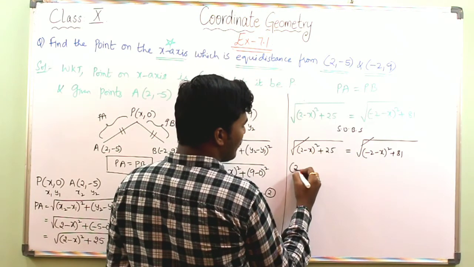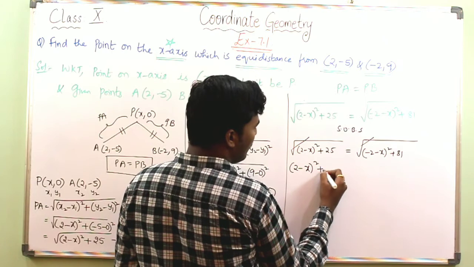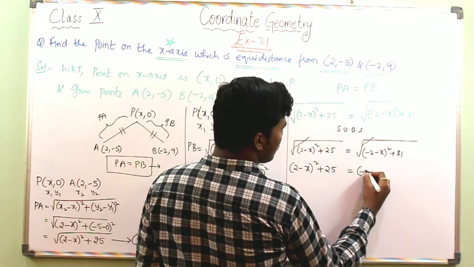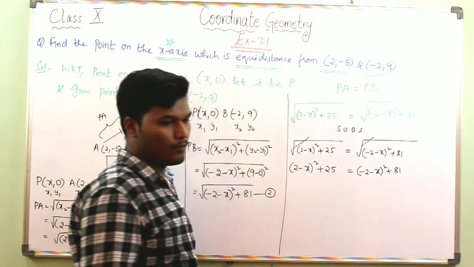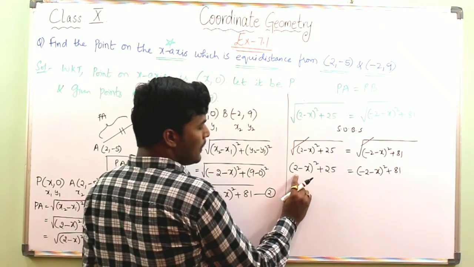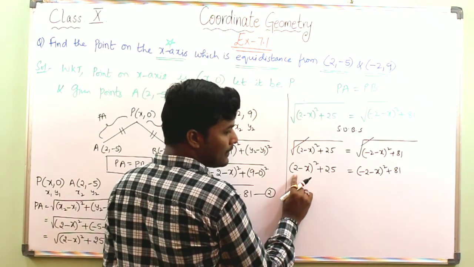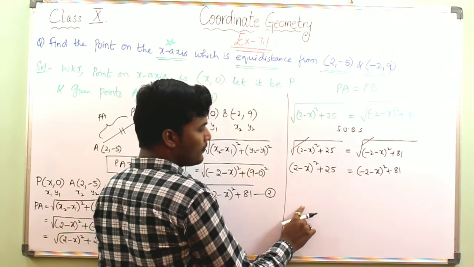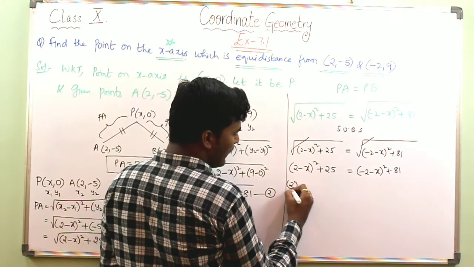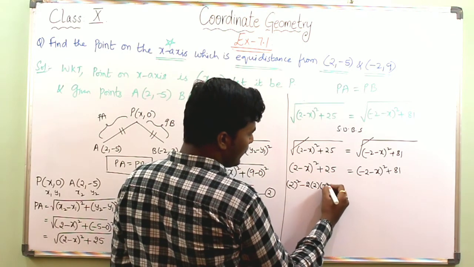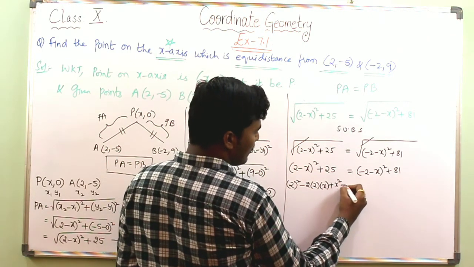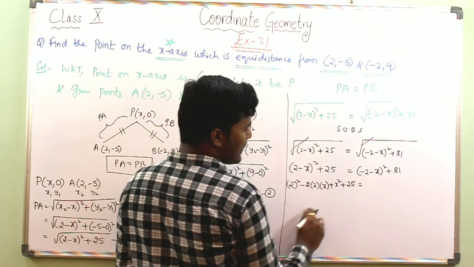Okay, so I'm left with (2 minus x) whole square plus 25 is equal to minus (2 minus x) whole square plus 81. Now here, if you see, this is very clearly like (a minus b) whole square, which you can write as a square minus 2ab plus b square, plus 25 as it is.